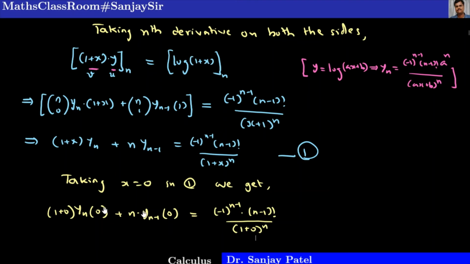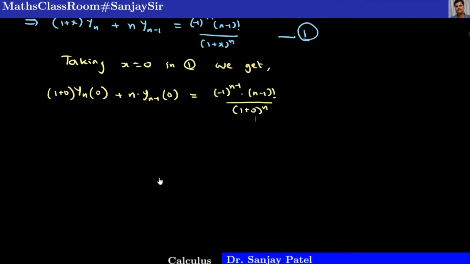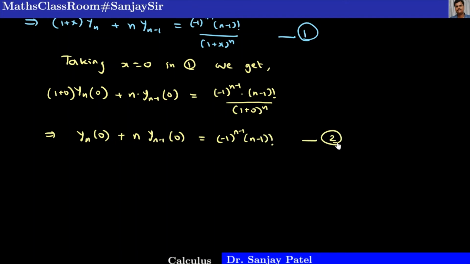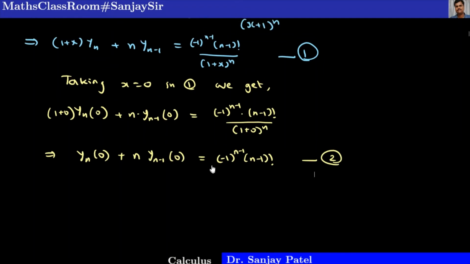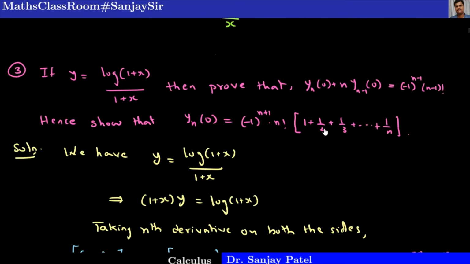So this gives us yn(0) plus n into y(n minus 1)(0) is equal to minus 1 raised to n minus 1 into (n minus 1) factorial. And this is the first required result in our given problem. So we have proved this: yn(0) plus n times y(n minus 1)(0) is equal to minus 1 raised to n minus 1 into (n minus 1) factorial.